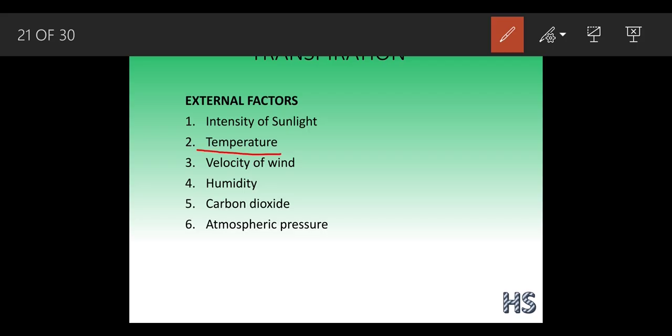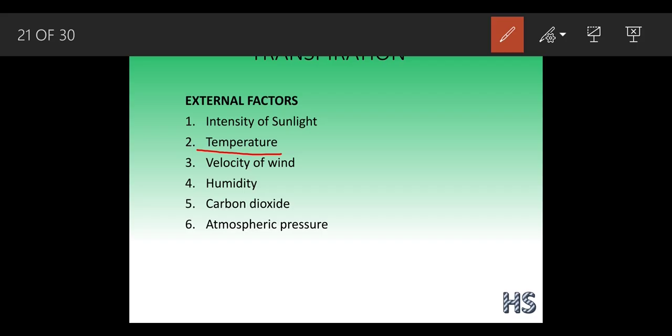Let's understand temperature difference. Suppose on a certain day the temperature is high, what happens in humans? We sweat a lot. But on a day when it is very cold, we lose almost negligible sweat.